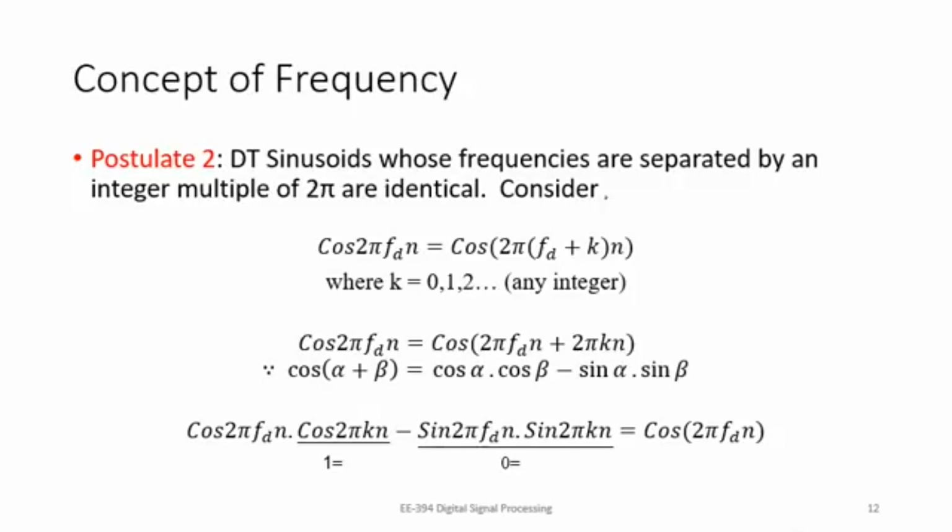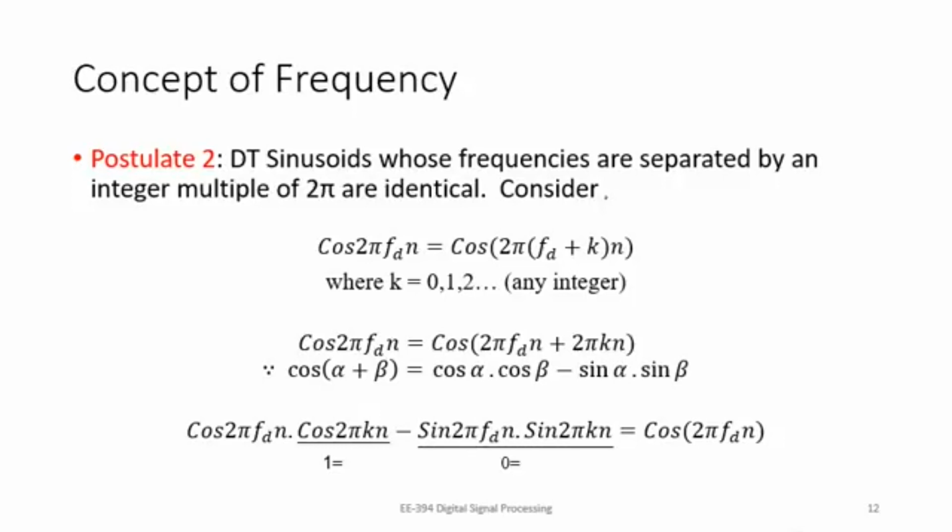Now here it says that discrete time sinusoids whose frequencies are separated by an integer multiple of 2 pi are identical. For a second, we forget what this integer multiple of 2 pi is, but in simple terms this postulate is saying that discrete time sinusoids with two different frequencies can be identical.